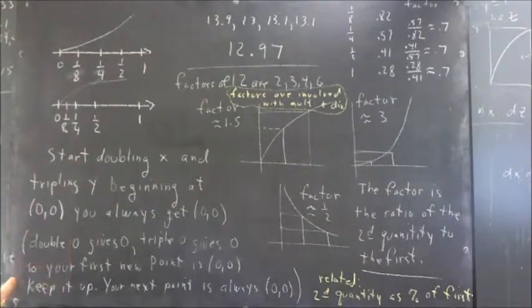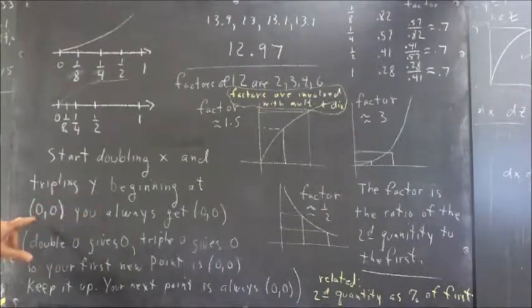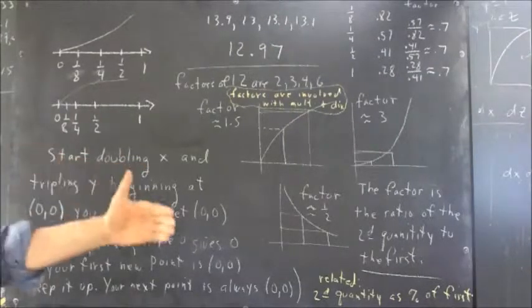That was a really good insight. The only problem with that insight is that x wouldn't increase either, because x is also 0 at the origin. Tripling 0 always gives us 0, doubling 0 always gives us 0, so if we double x and triple y beginning at 0, 0, we never get anywhere.